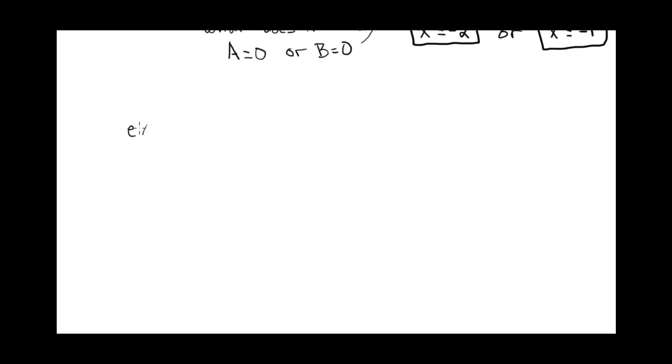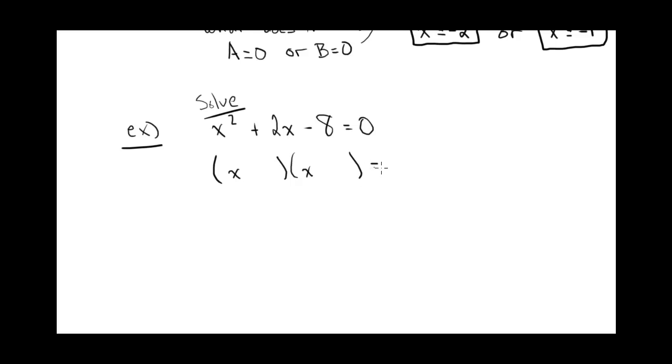So let's just look at some more examples. Again, we want to solve this. We'll do the same thing. We'll factor. Then we'll say, okay, what numbers multiply to -8 and sum to 2? And those numbers are +4 and -2.